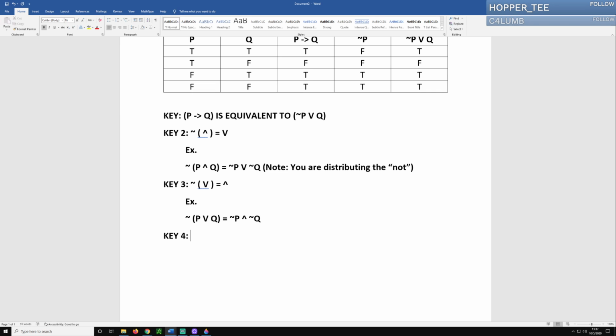So let's say we're taking the not of if P then Q. Now, can anybody tell me, what would that be equivalent to? It would be the negation of that conditional based on what we have up here.